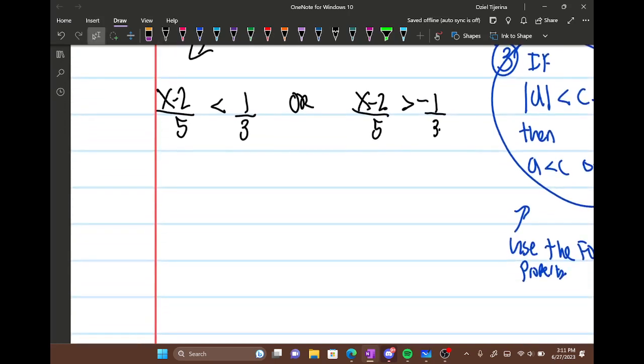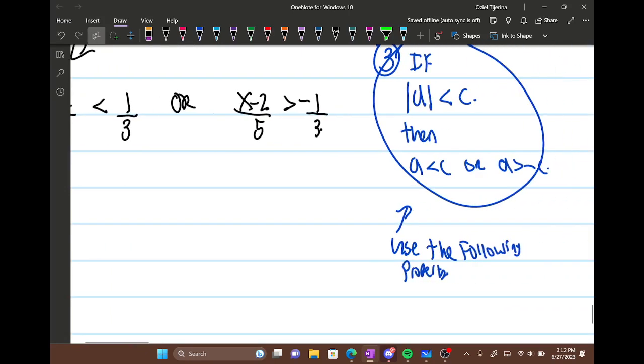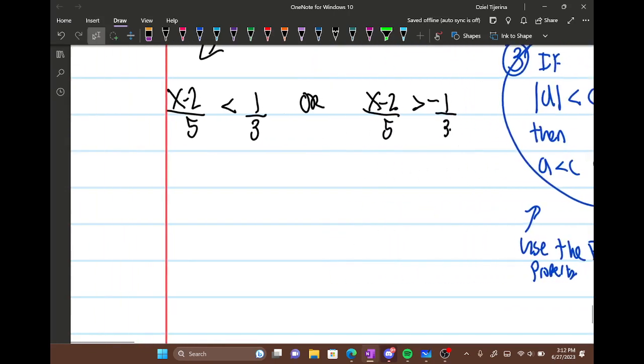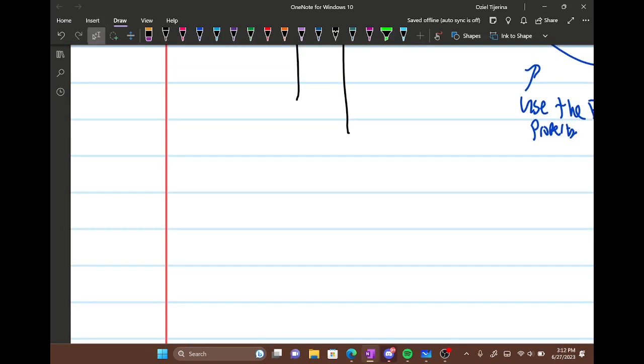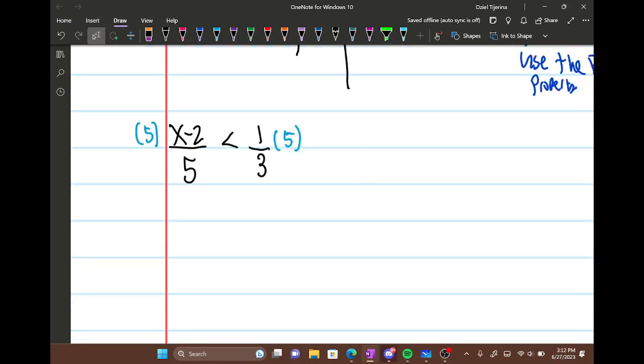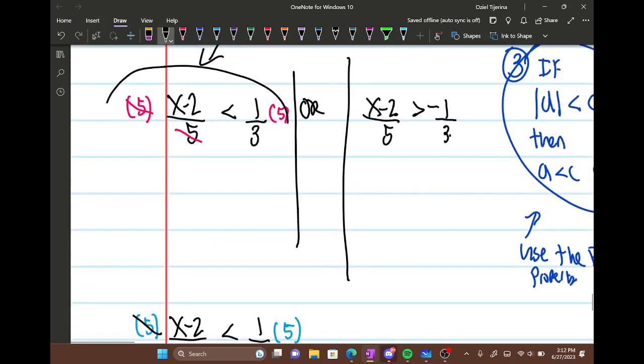Now the last step is to solve both of these for x. We're going to get rid of my 5 here. Let me separate my work here. When I do that, these two cancel out, and I'm doing this one first.